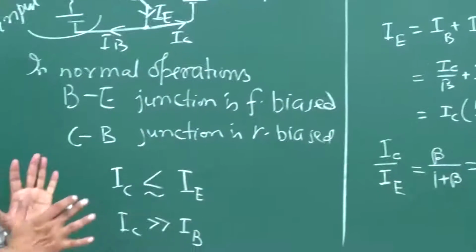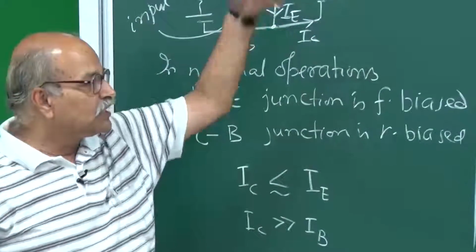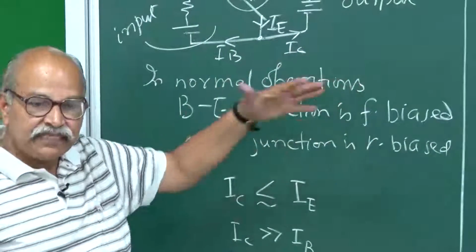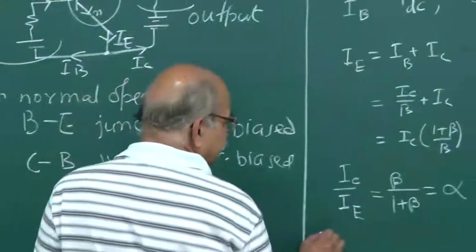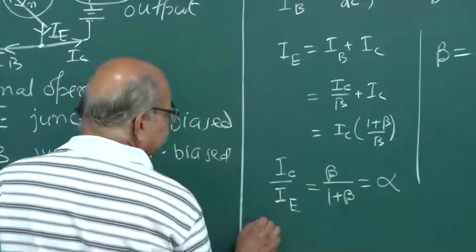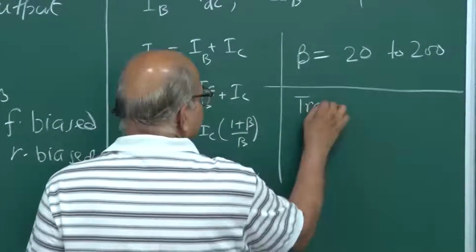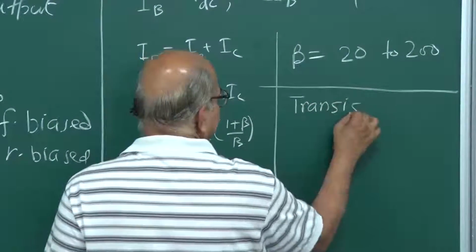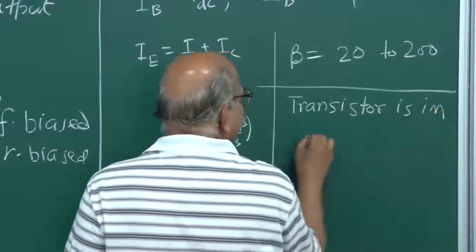Now, this zone, this normal operation or the whole mechanism, when these conditions are met, we say that the transistor is in active region.